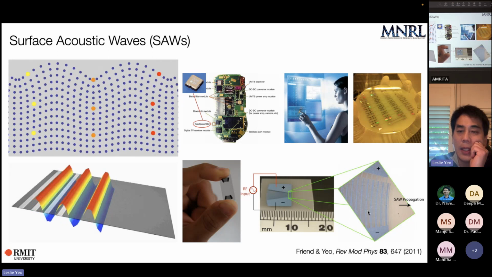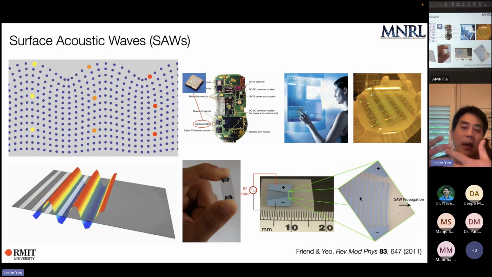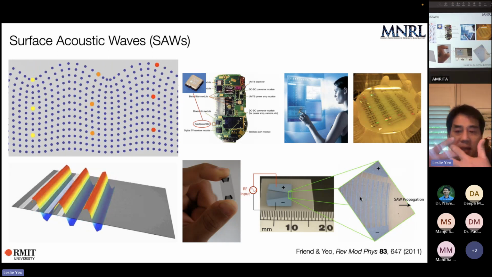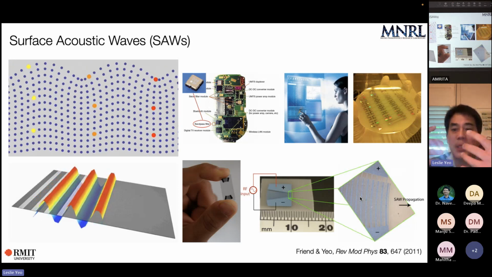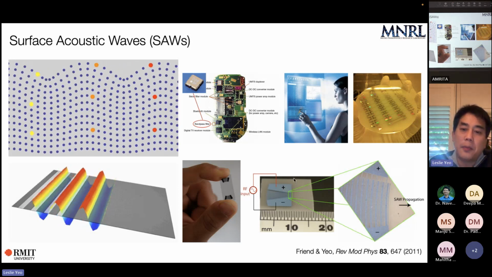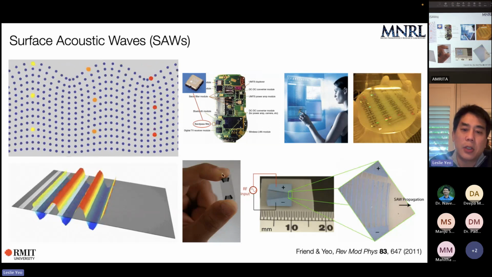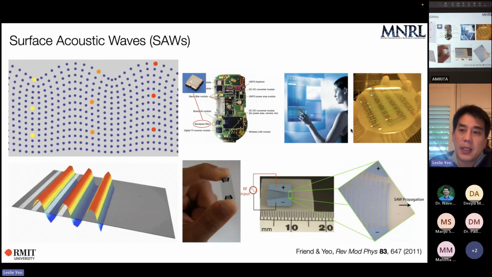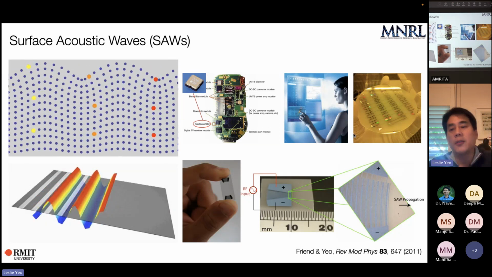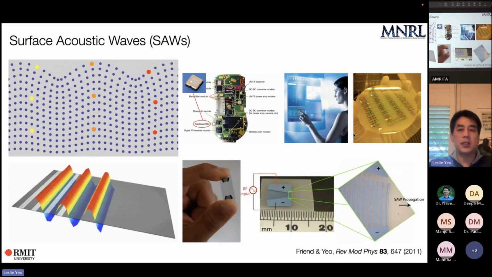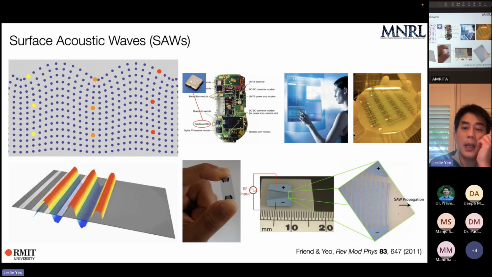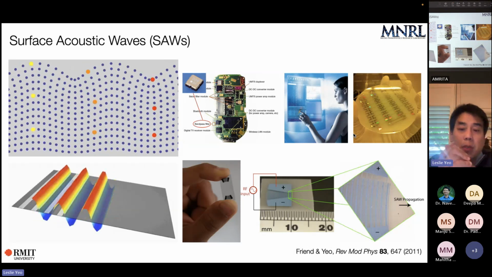They're called interdigital transducers, or IDTs. These are just fingers of metal strips, right? And we pattern them via photolithography onto the piezoelectric chip, right? And you can see we do this on a 4-inch wafer. You can do it on 6-inch, 8-inch wafers, and you can mass produce them.